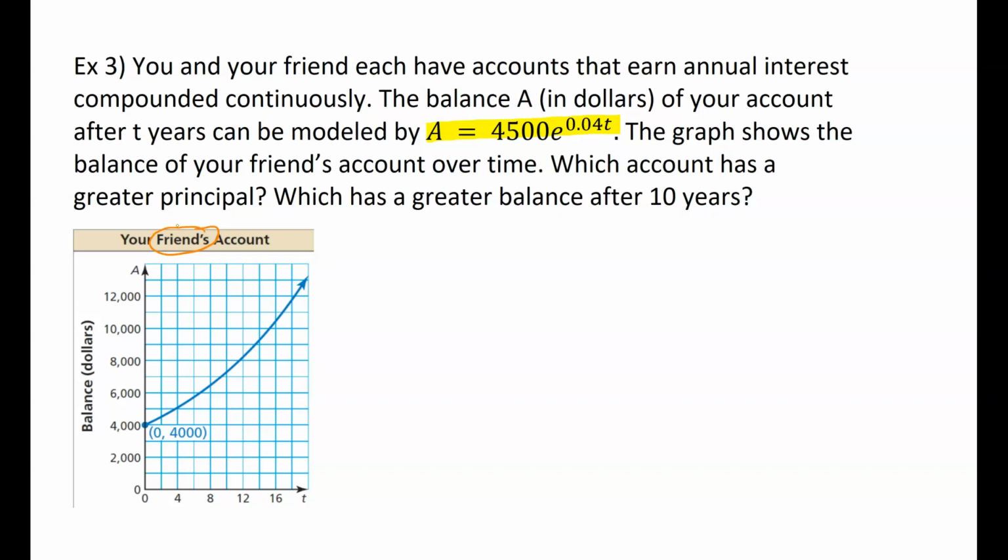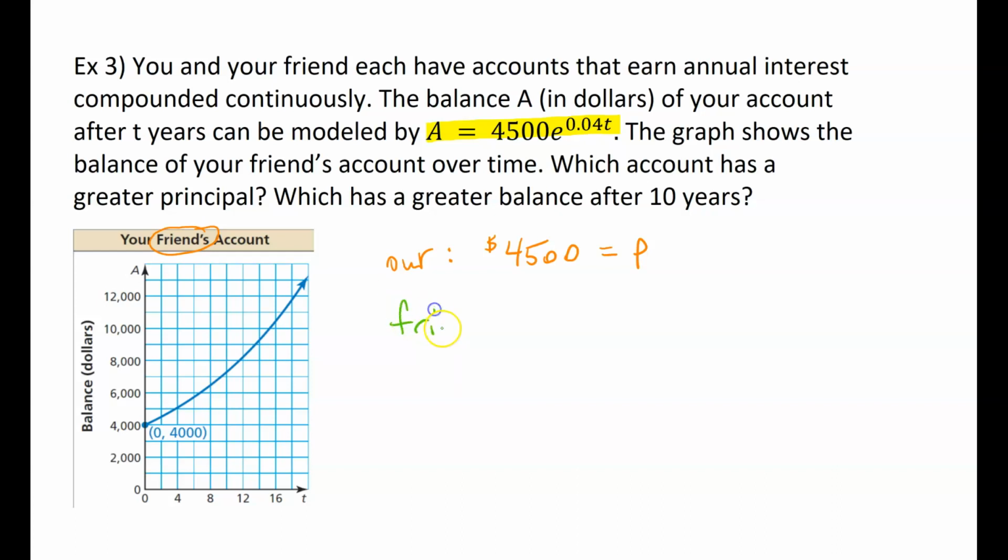So again, what does principal represent? The initial amount, okay? So if we're looking at, I'll just call it our account, what is the principal in our account? 4,500. Okay, and that is equal to P. Okay, but now I want to look at our friend's account.